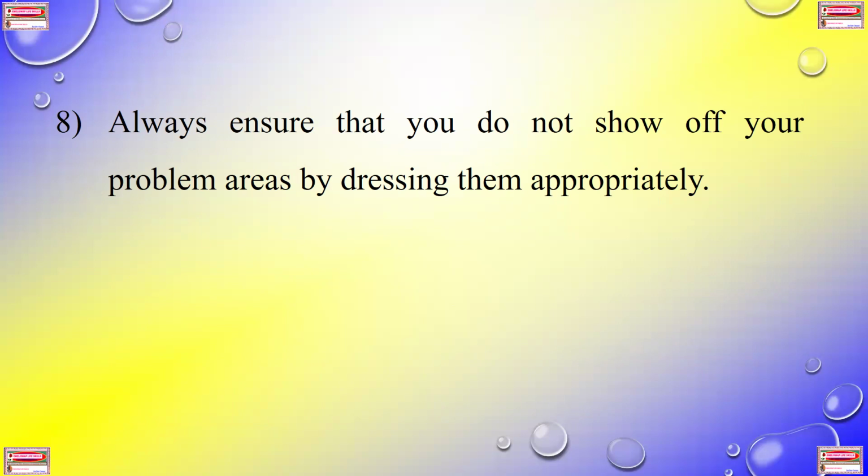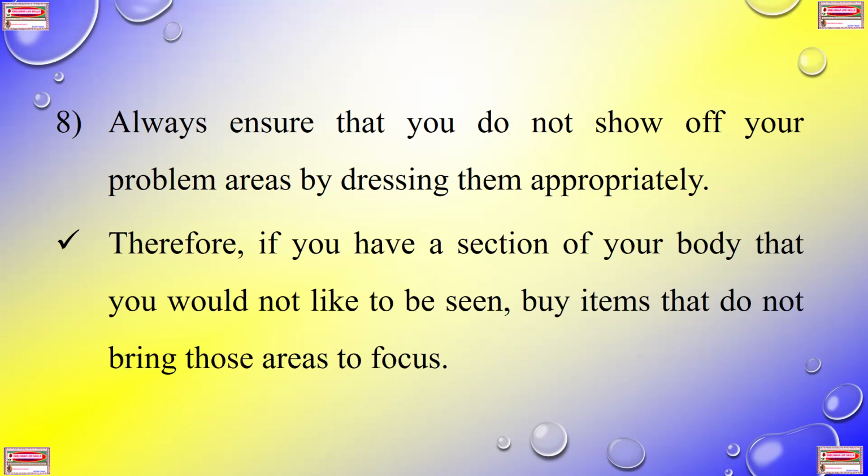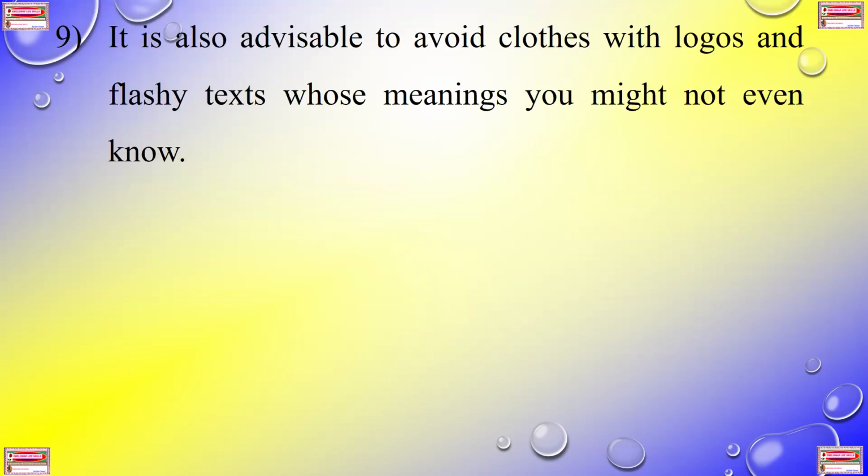So that you can always ensure that you do not show off those parts of your body that you call problem areas by dressing them appropriately. Therefore, if you have a section of your body that you would not like to be seen, choose items that do not bring those areas to focus.